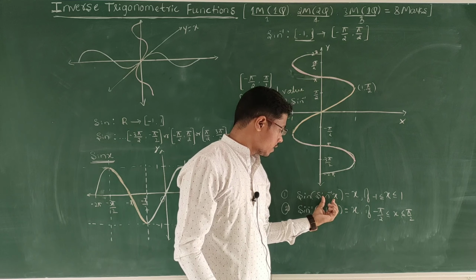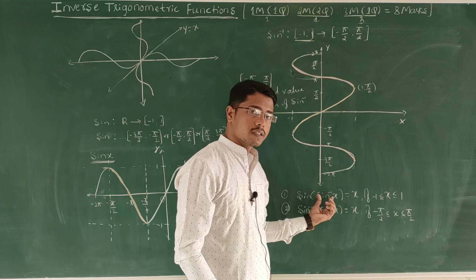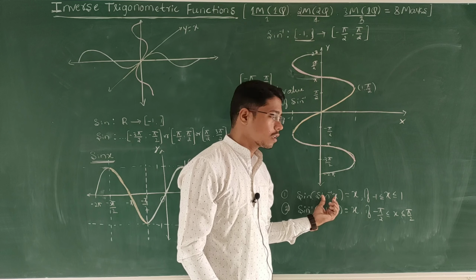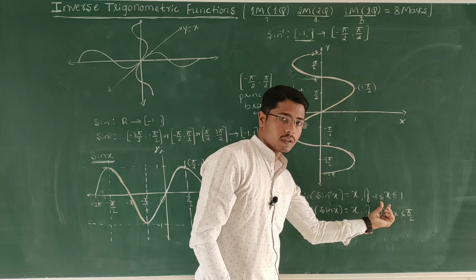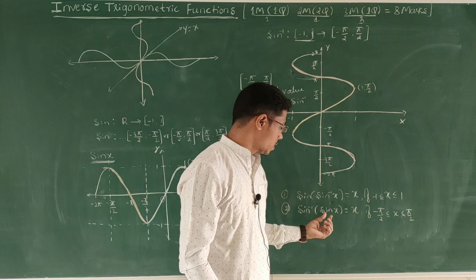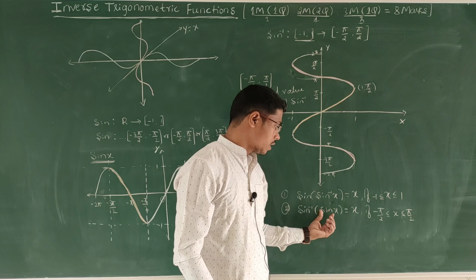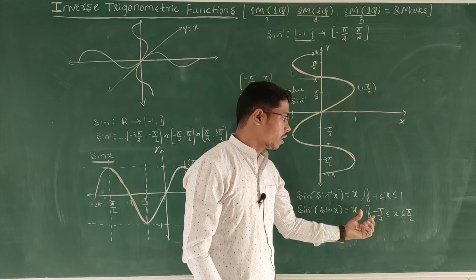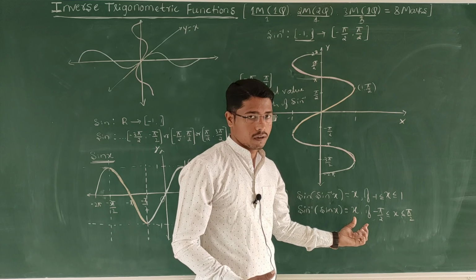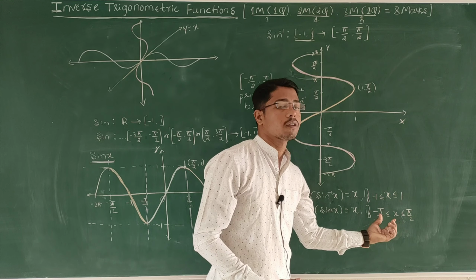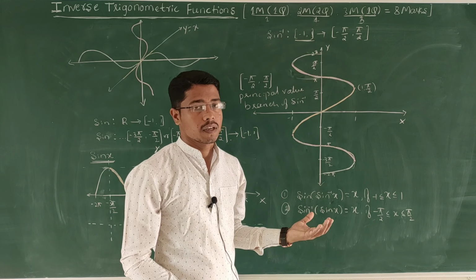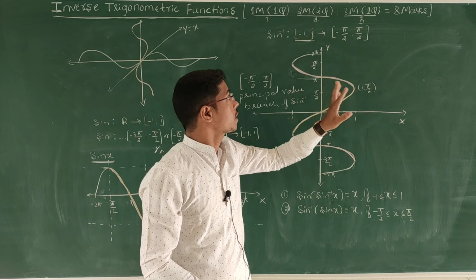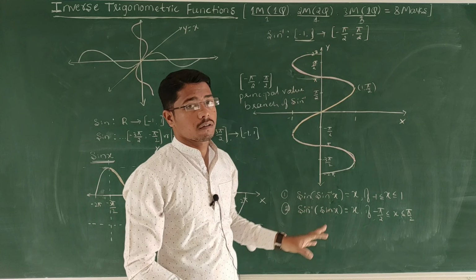If you write sine inverse in the bracket, take the domain of sine inverse for the value of x. If you write sine x in the bracket, take the domain of the sine function, that is minus pi by 2 to pi by 2, the principal value of sine inverse. Okay, keep remembering this. This is also very important.